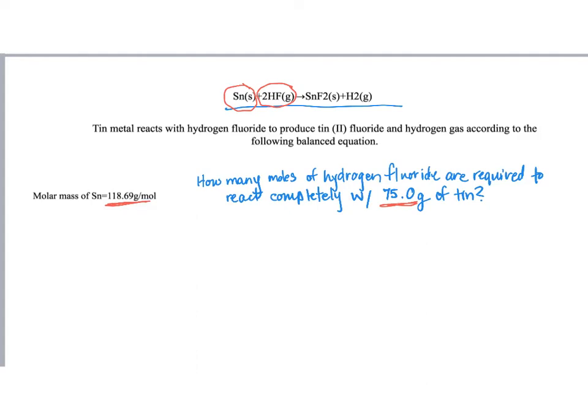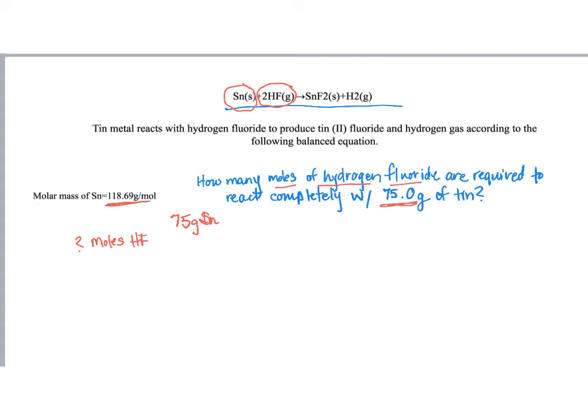So we have 75 grams of tin, or we're going to write Sn, right? 75 grams of tin. So what are we looking for? Moles of hydrogen fluoride. How many moles of hydrogen fluoride? This is what we're trying to get to here.